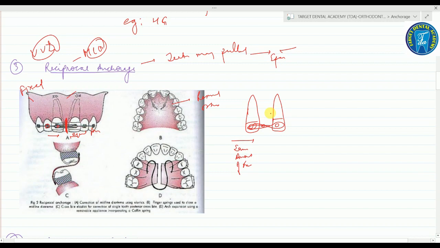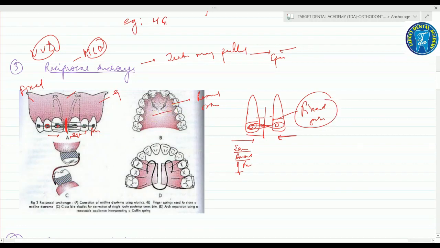Fine. So in this, you have to apply the same amount of force but in different directions to close this space. So we use the E chain or the elastomeric chain in a fixed ortho.